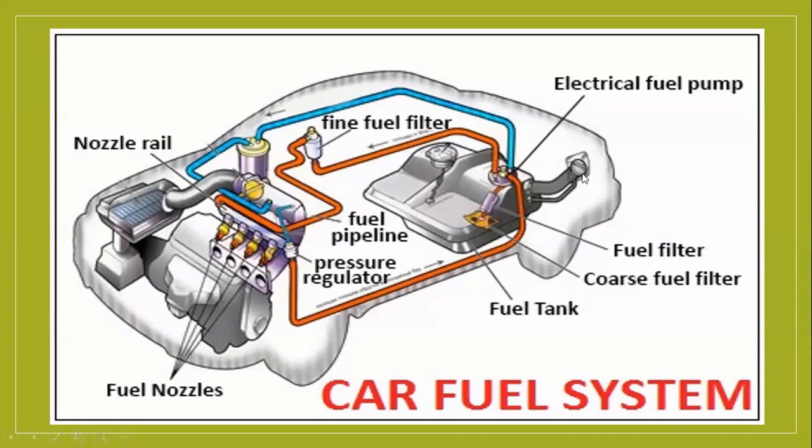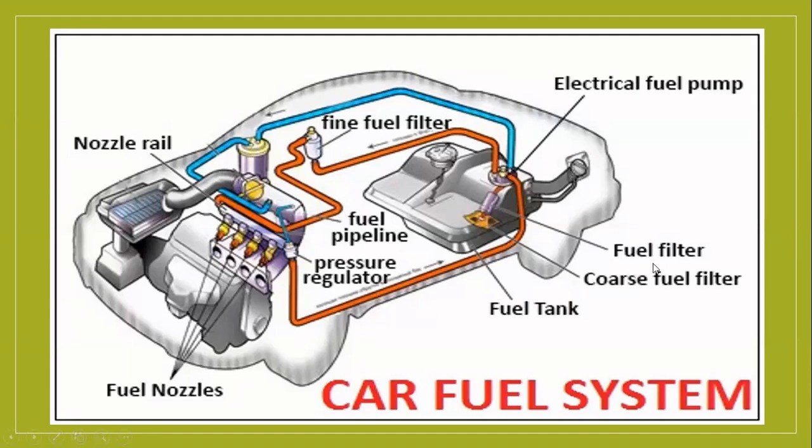Otherwise someone could open it and put something inside, sand or metal parts, and it will be very severe damage to your car. That's why it is key closed, for security. You cannot open it, nobody can open it except the owner or driver of this vehicle.